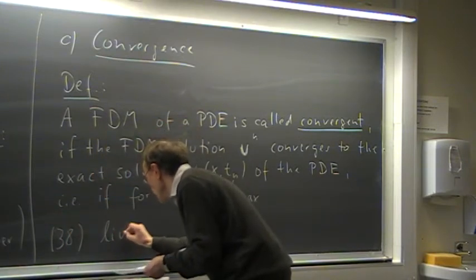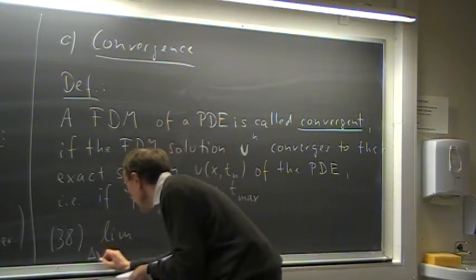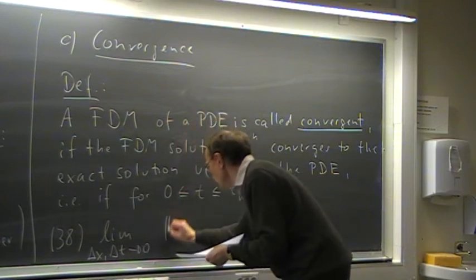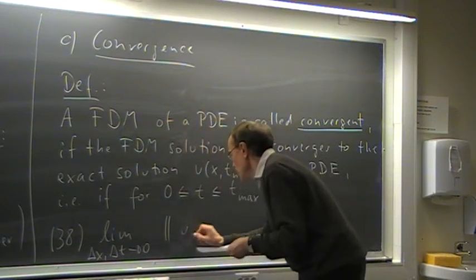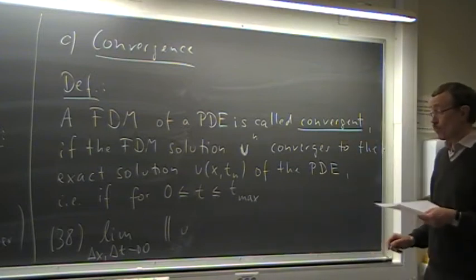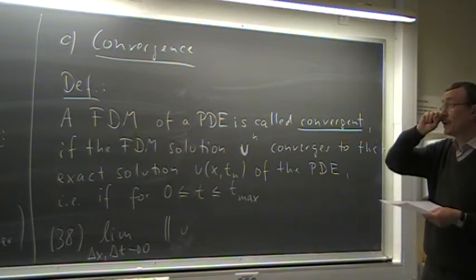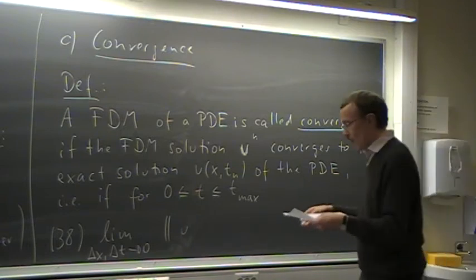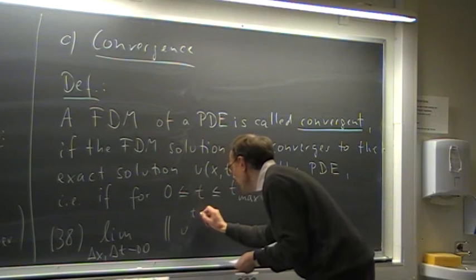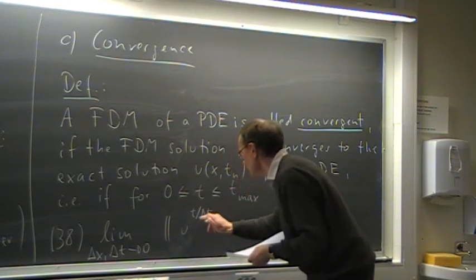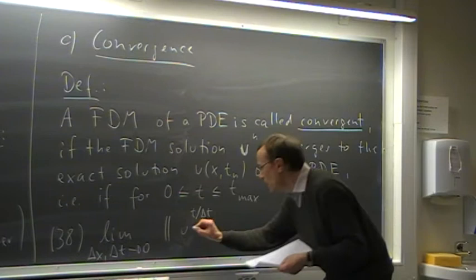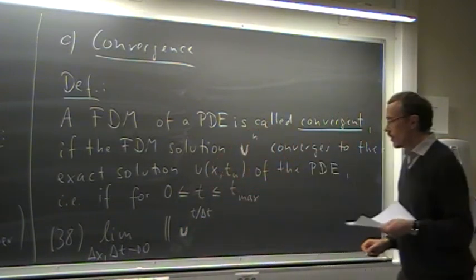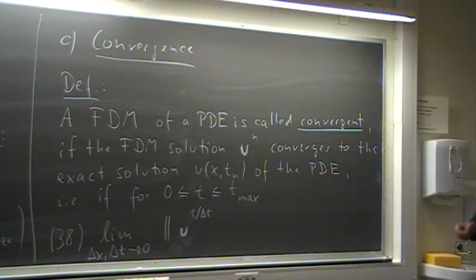The limit of delta x and delta t approaching 0, and now we take again, as we did for the consistency and the stability, the true norm, and now we indicate the time level in this way: t divided by delta t, so this is then again the boldface U, the numerical solution vector, and t over delta t is then the n.